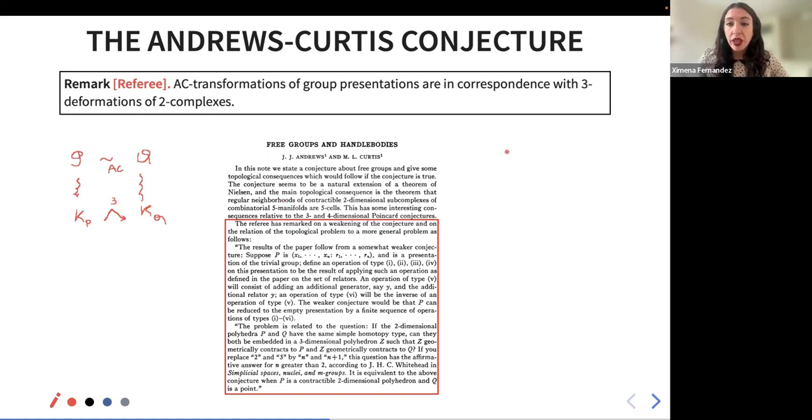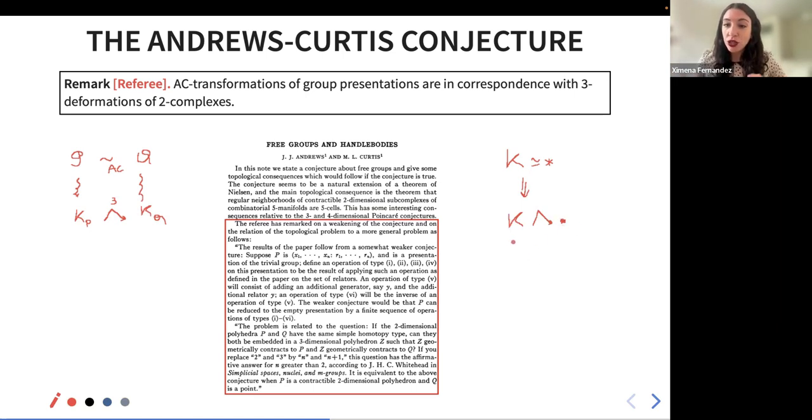So suppose that you have a complex that is contractible. This is the analog of the balanced presentation of the trivial group. And it's well known that you can always find a simple homotopy equivalence between the original complex and a point. That means that you have a sequence of expansions and collapses.